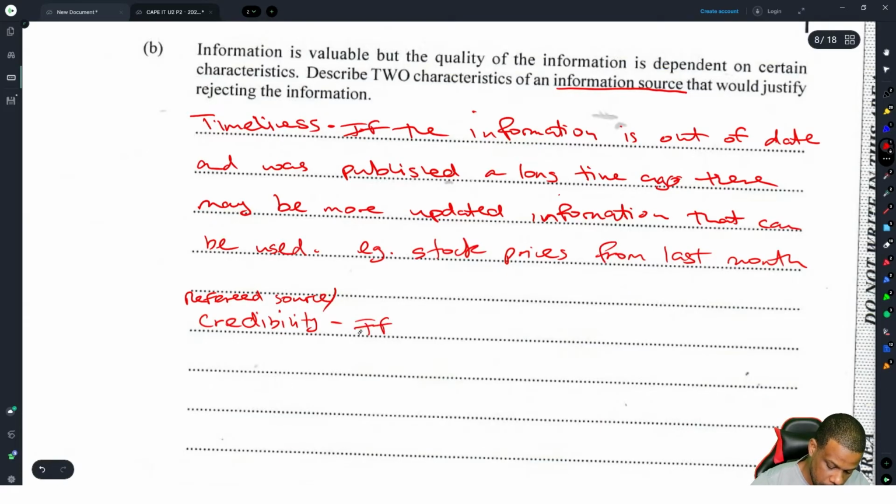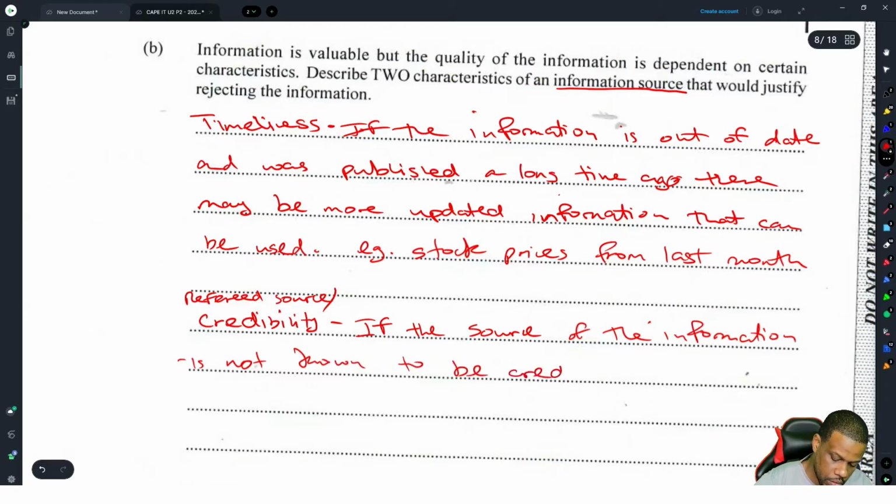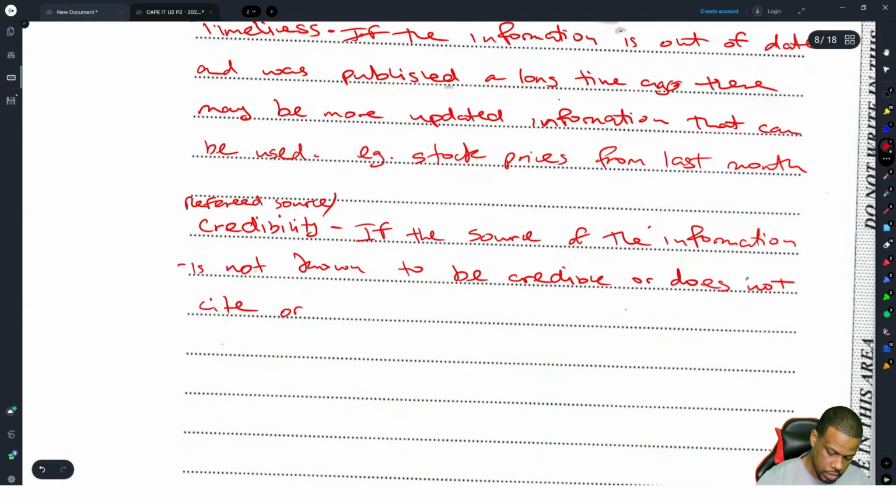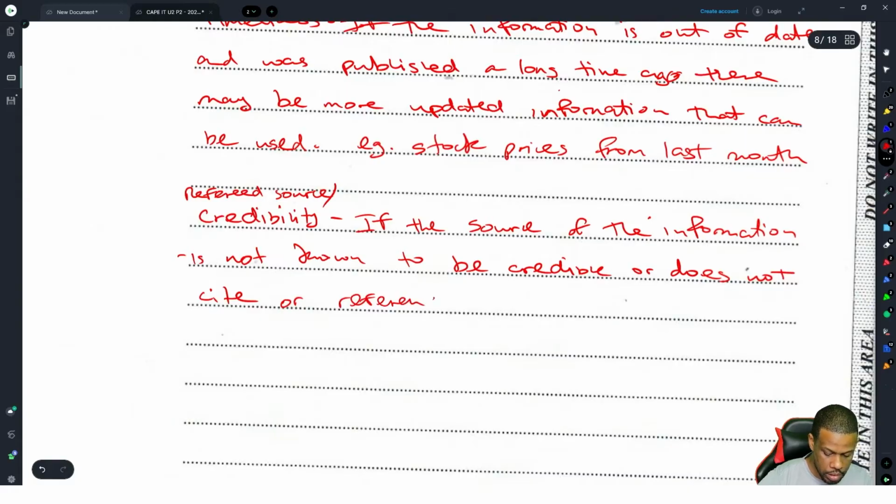If the source of the information is not known to be credible, or does not cite or reference the original data source, it can be rejected.